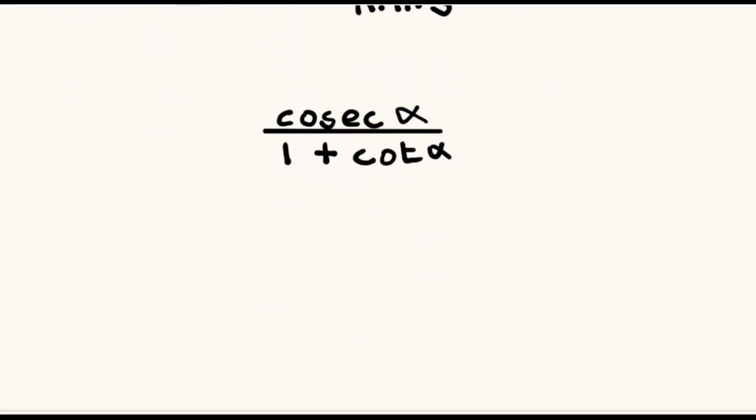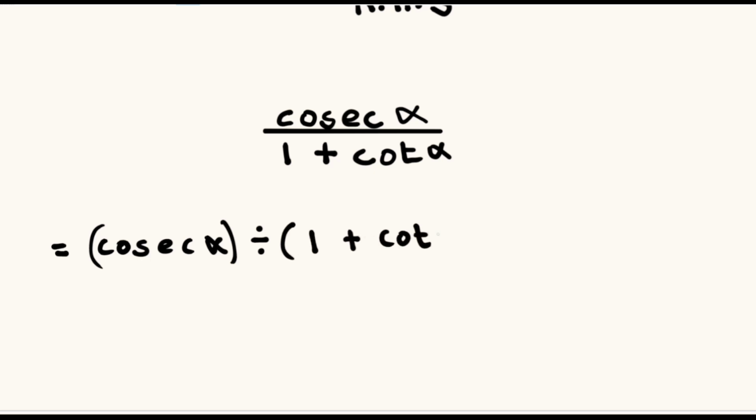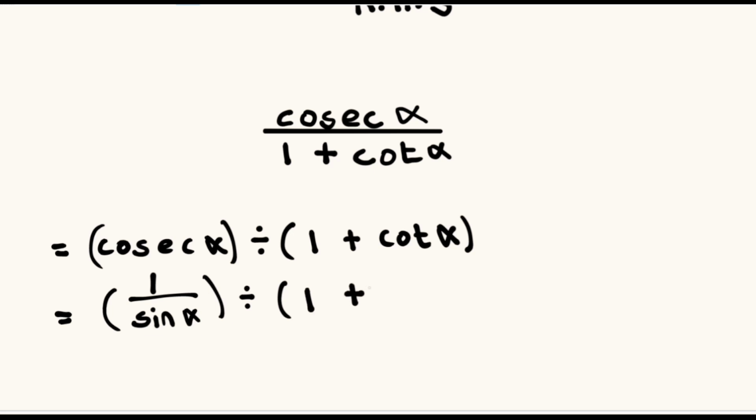So we have this as the cosec of alpha divided by 1 plus cot alpha, and we express the cosec as 1 divided by sine alpha. This will be divided by 1 plus cot alpha.